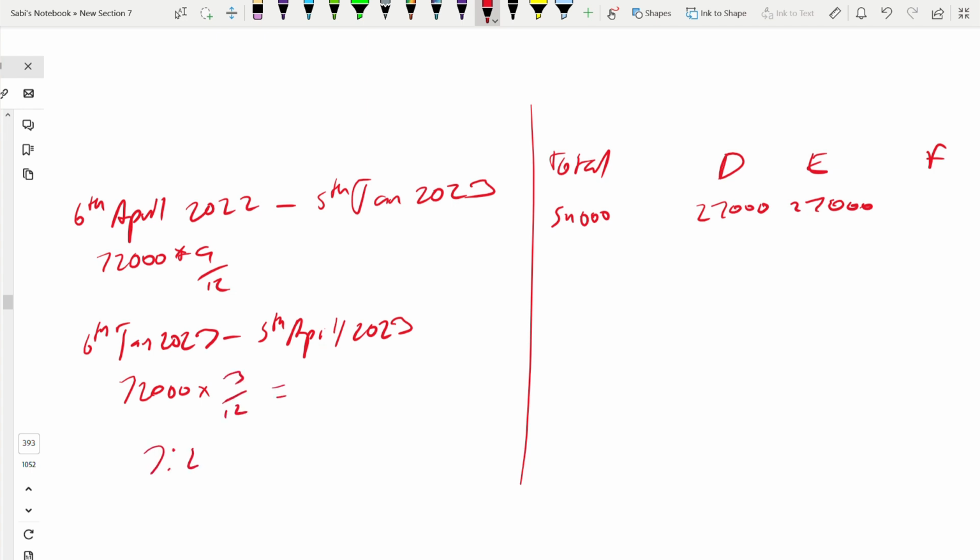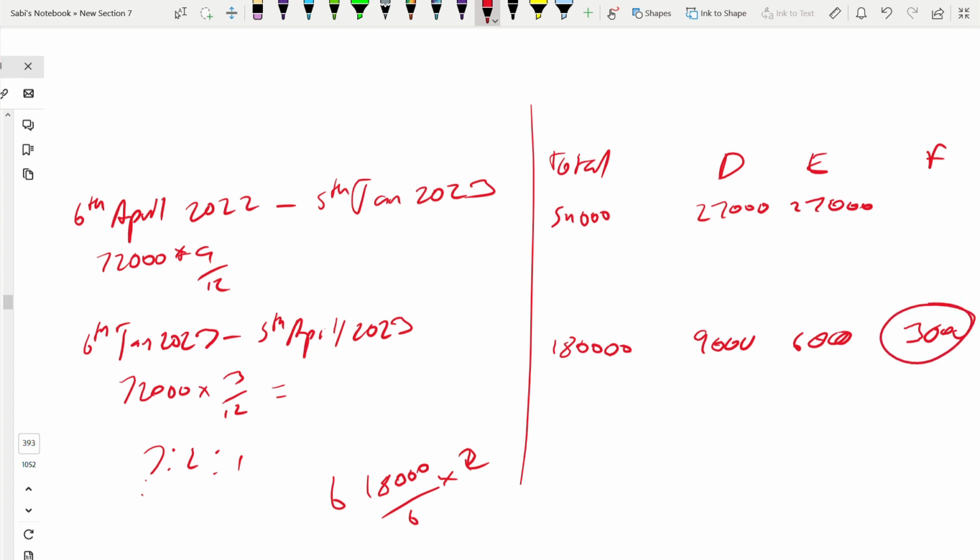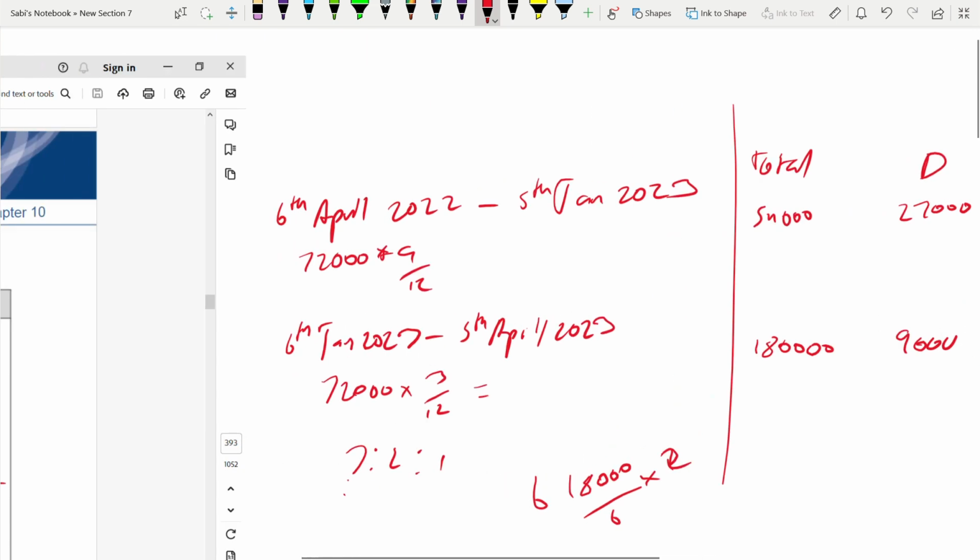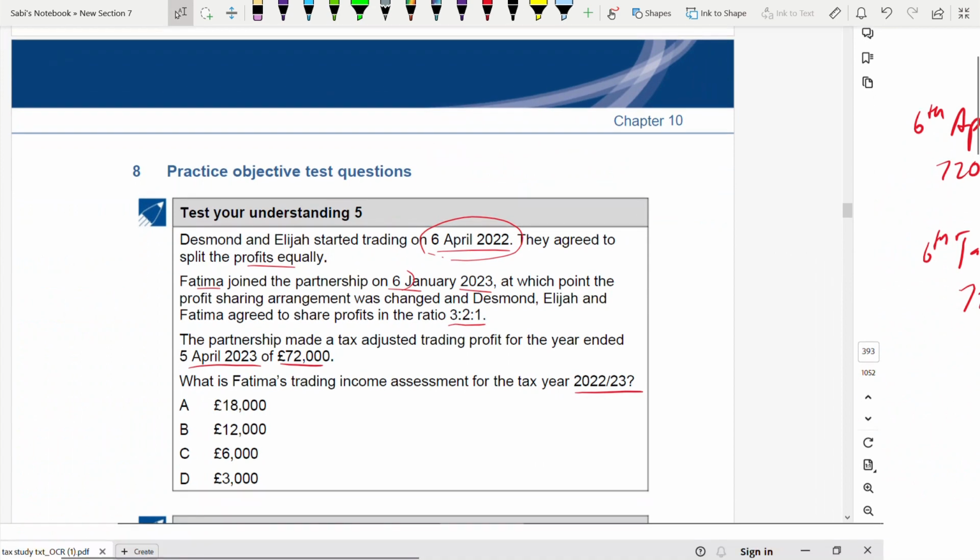Ratio is 3:2:1. So it's 18,000. So if you take 3:2:1, how are you going to get? 3 plus 2 plus 1 is 6. So 18,000 divided by 6 into 3. Then into 2. Then into 1. Like that. So here it will be 9,000. Here it will be 6,000. And here it will be 3,000. So since it's 3,000, you are only asked for Fatima. So the correct answer is D.